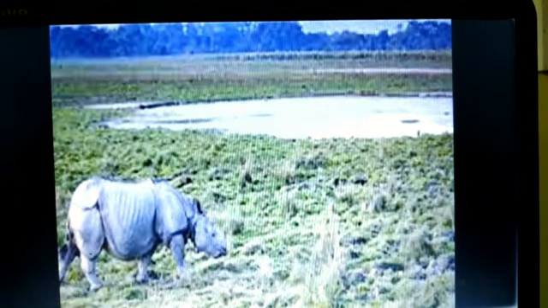So this is our Kaziranga, and rhinos are there, one-horned rhino. This is Kamakhya, Umananda in Guwahati, the middle part of the Brahmaputra, there is a hill. These are also very important attractions of tourism.